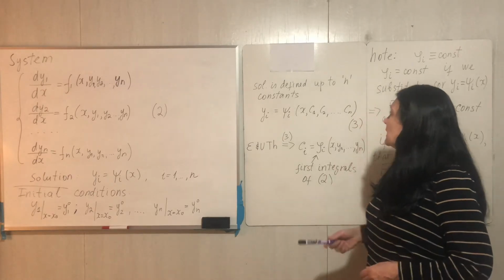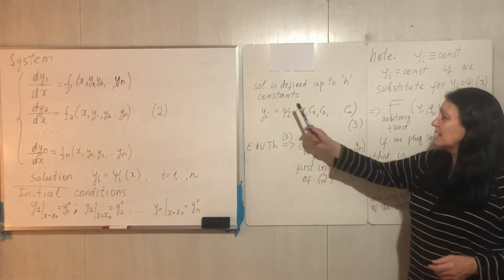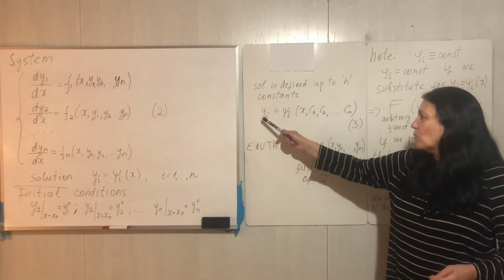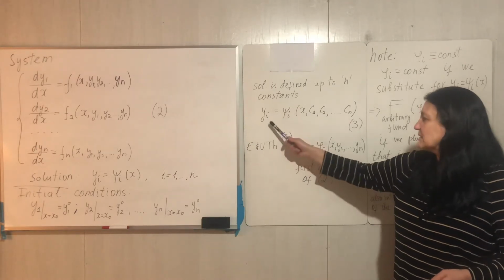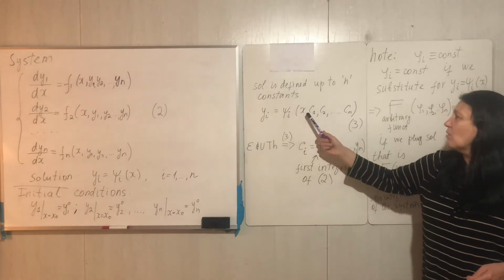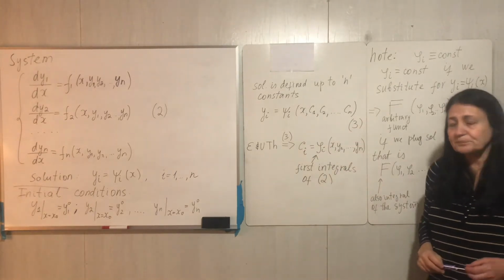So the solution is defined up to n constants, and I can write this fact as y sub i, where i runs from 1 to n, is a function of x and n constants.